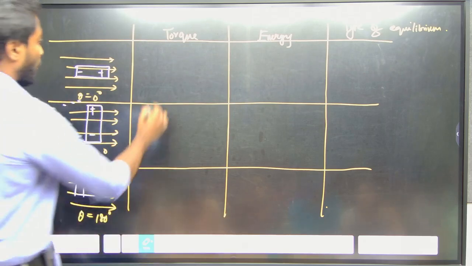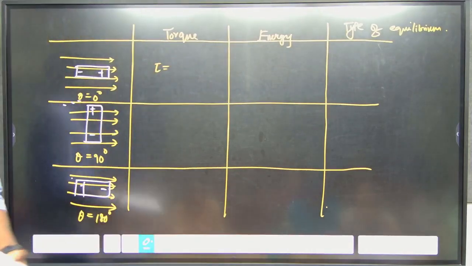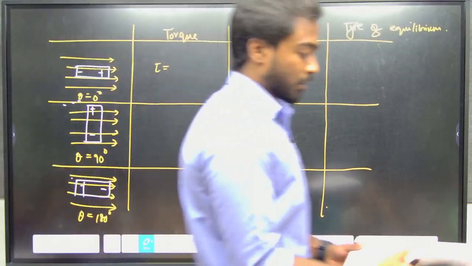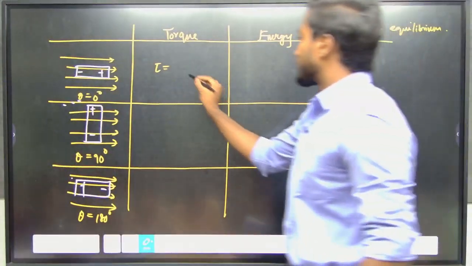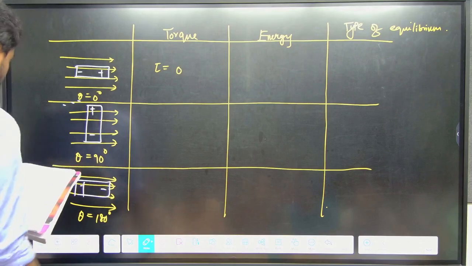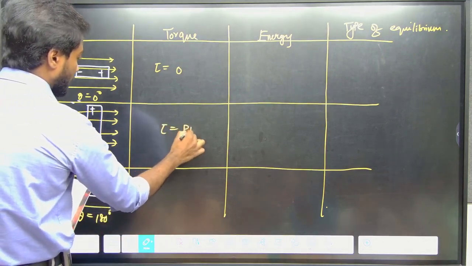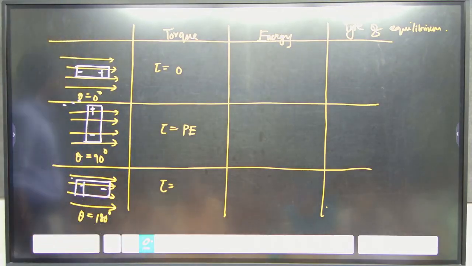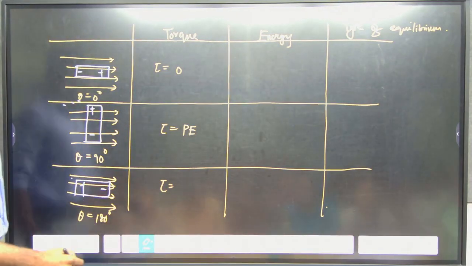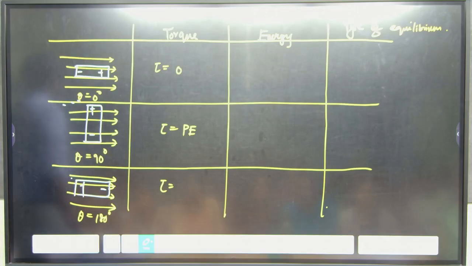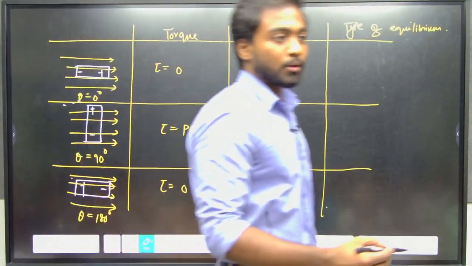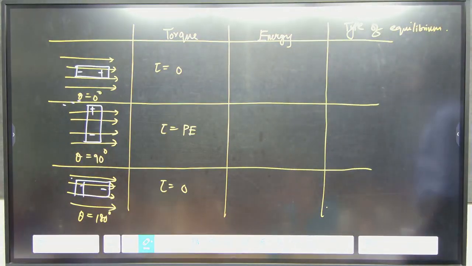So what is the torque formula, and if I substitute the angle, what will I get? Torque is equal to 0 in the first case, in the second torque will be equal to PE, and in the third case, 180 degree, sin 180 is 0.